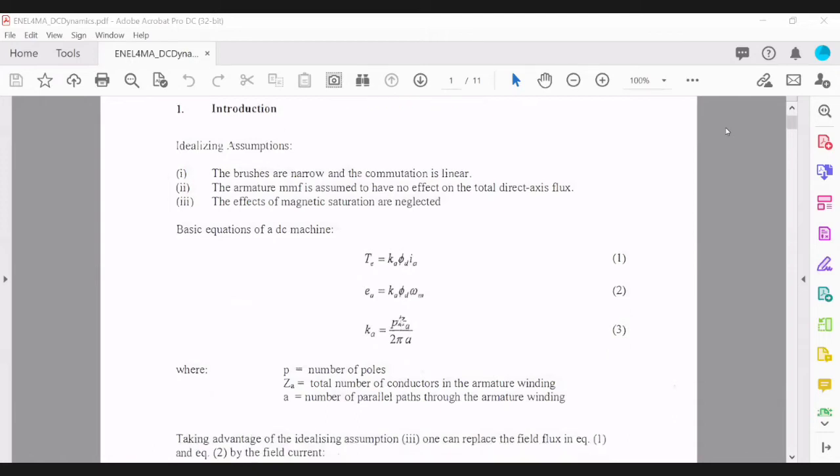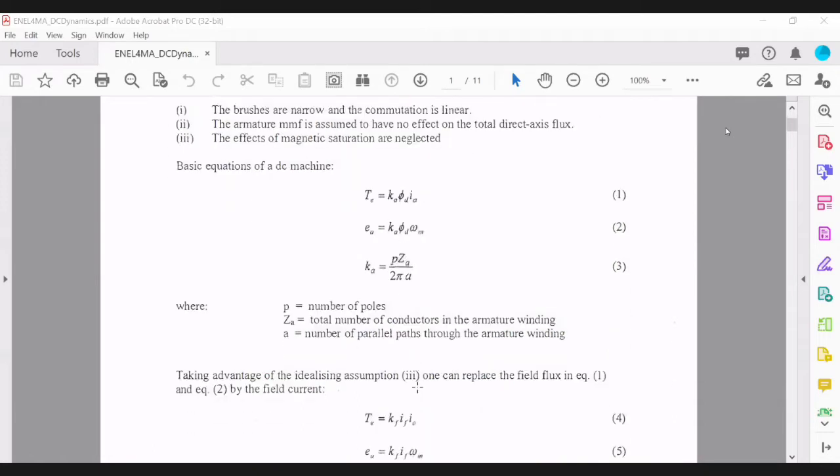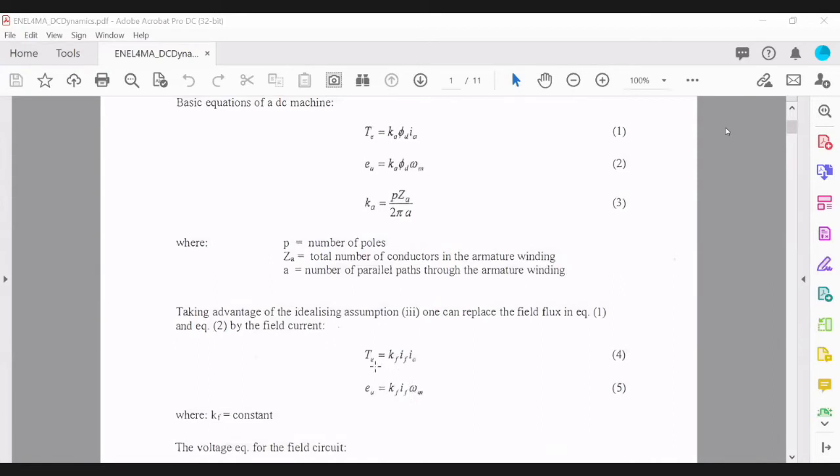So we can rewrite those two equations, right? So as you can see here, the electrical torque and the induced voltage in the machine, I've written it instead. We've replaced the product of the constant Ka times phi with Kf times If, where If is now the field current in the machine, right?